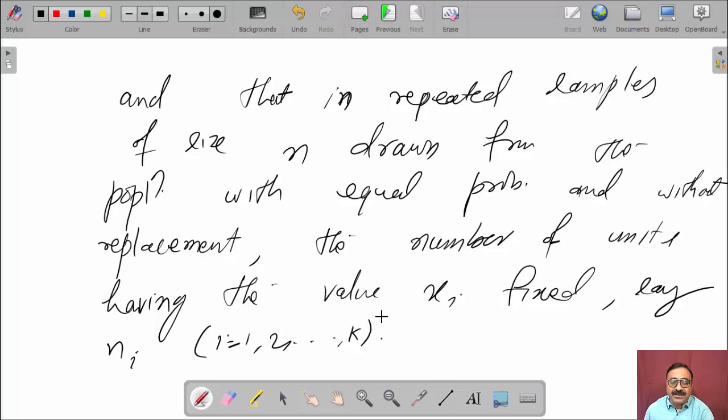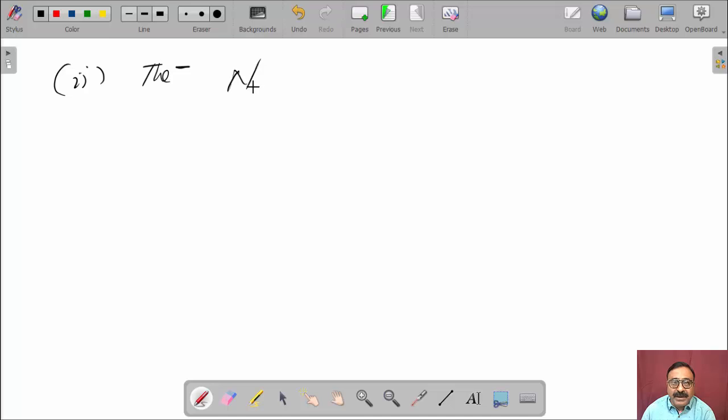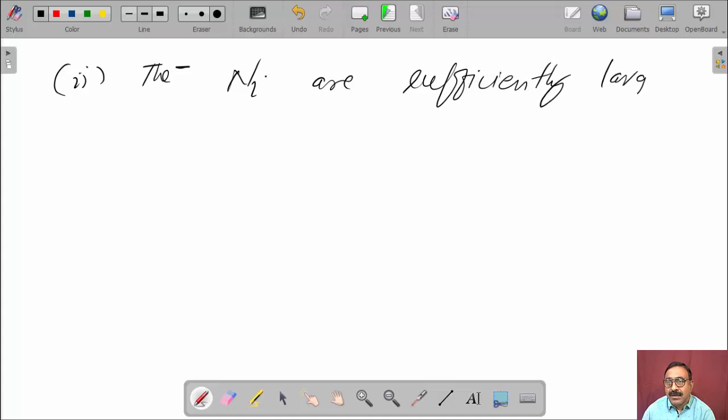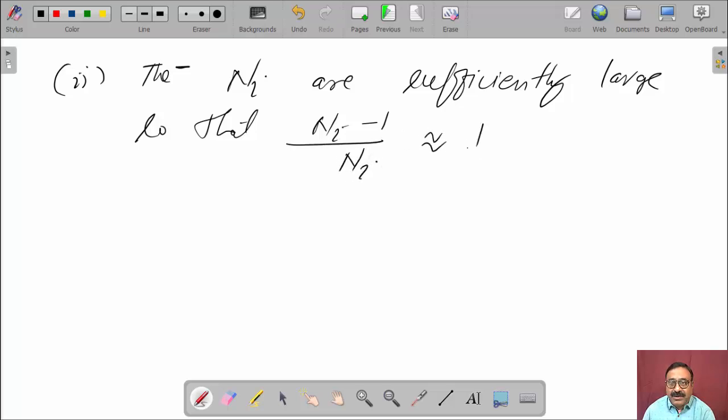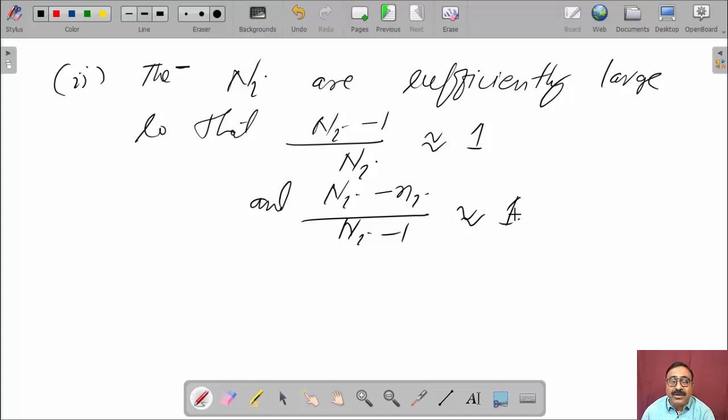Now the second assumption: the ni values are sufficiently large so that (ni minus 1) by ni is approximately equal to 1 and (ni minus small ni) by (ni minus 1) is also approximately equal to 1.